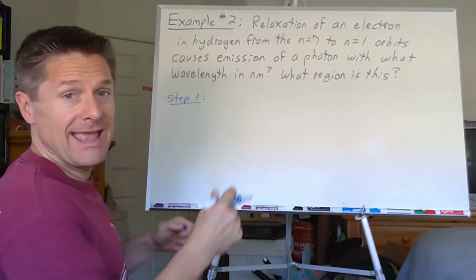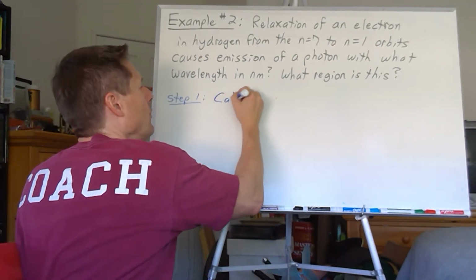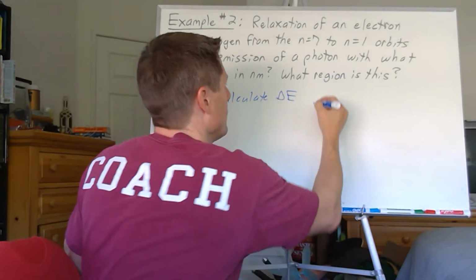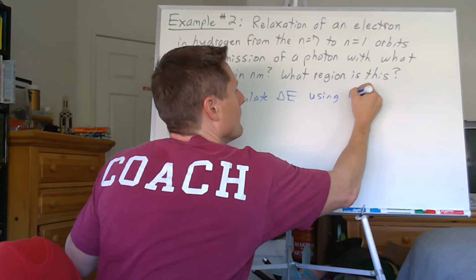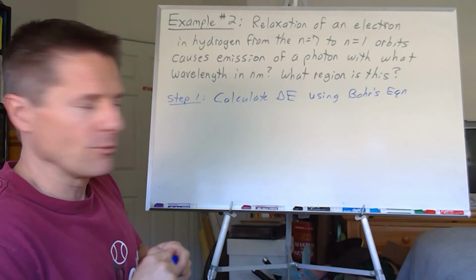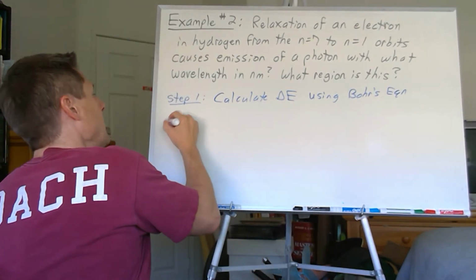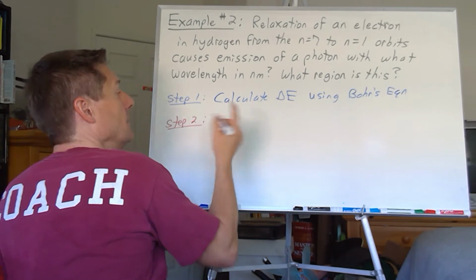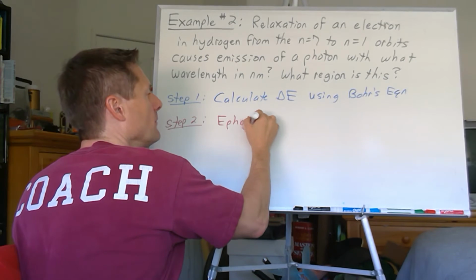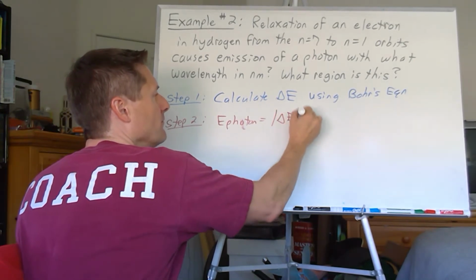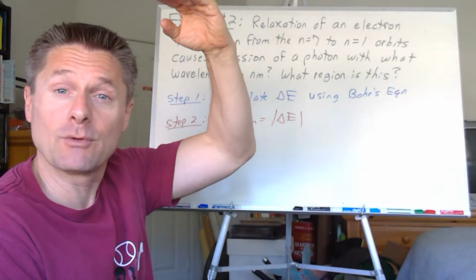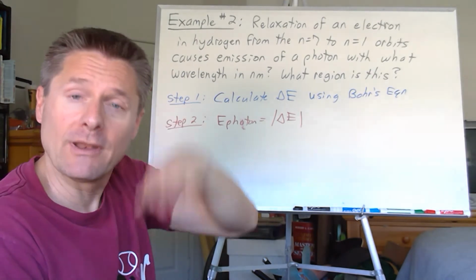So step 1, in this case, we know the n's. We're going to calculate delta E using Bohr's equation. That should be easy, and I'll provide you the Rydberg constant. Step 2, we're equating E photon to the absolute value of delta E. And that delta E could be positive or negative: positive if it's going from lower to higher n values for absorption, negative if it goes from higher to lower and relaxes.